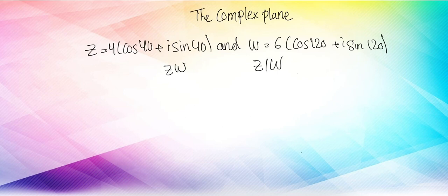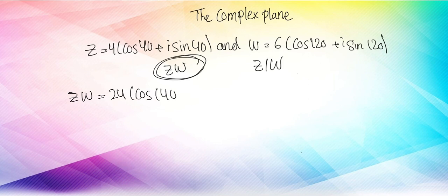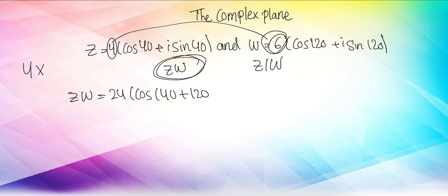We have the product, and we write the moduli multiplied together: 24 (cos of 40 plus 120). Because we have to write 24, how do we find the number 24? We write 4 times 6 equals 24.